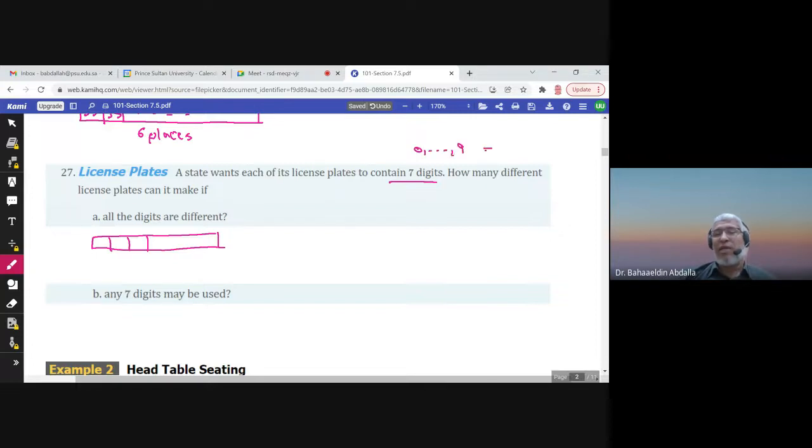We have 10 digits from 0 to 9. These are 10 digits. So in the first place, I can choose one of the 10 digits. All the digits are different.